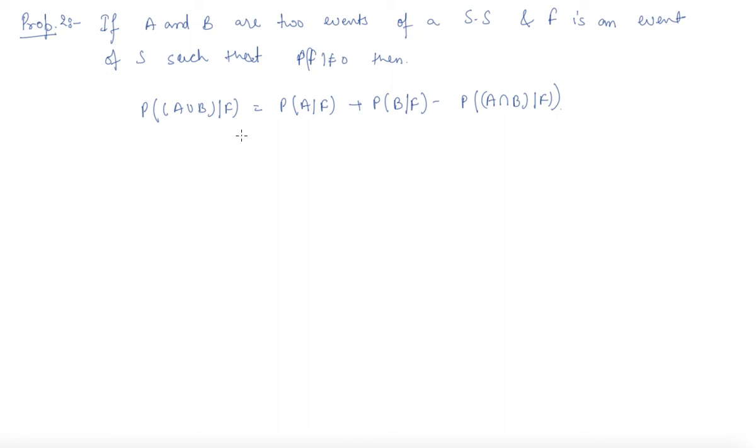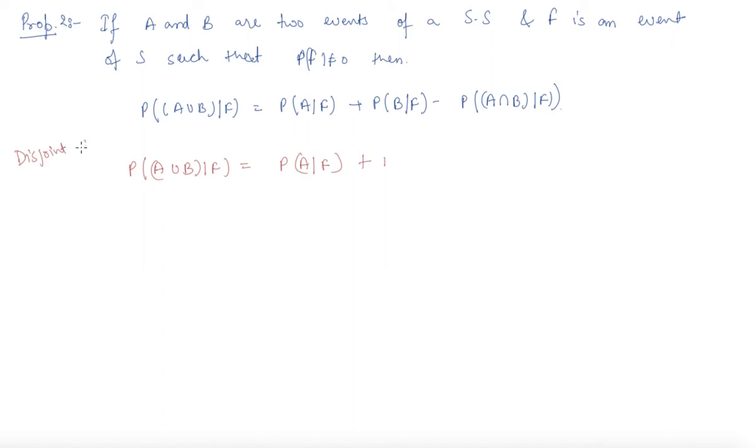Now let's give the proof of this identity. Let me rewrite this as P(A union B given F). I can write this as P(A given F) plus P(B given F) if they are two disjoint sets. So the condition is that they should be disjoint.